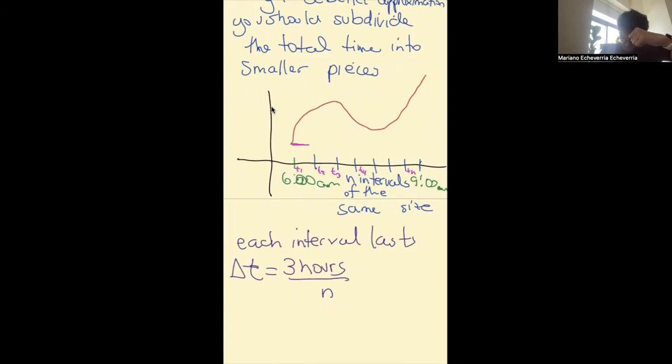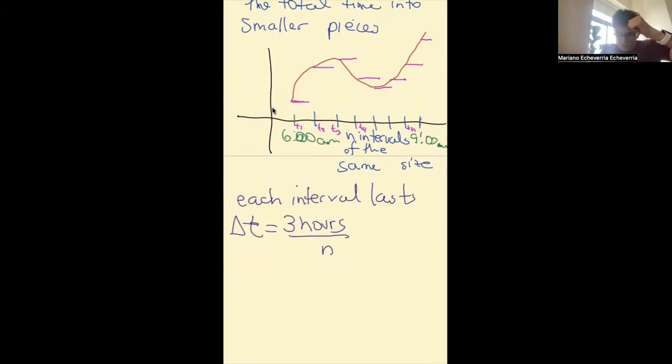And so what you end up getting is something that looks roughly like this. So now you have a time T1, T2, T3, T4, up to Tn.